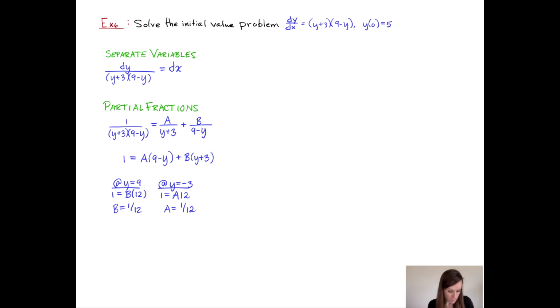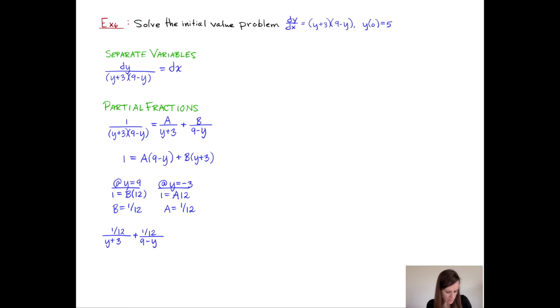And so subbing that back into our separable differential equation, we have 1/12 over y plus 3 plus 1/12 over 9 minus y.